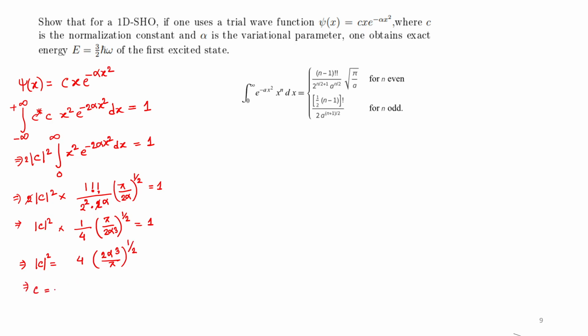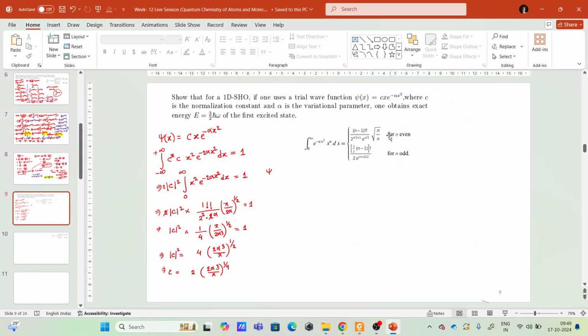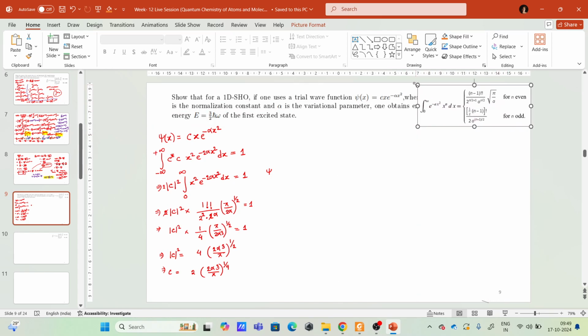So your C is actually 2 alpha cube by pi to the power 1, right? So your psi of x, actually let me take this equation maybe here, and you can put this here. You get much more space.